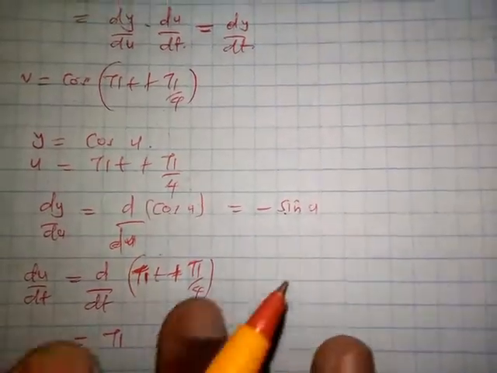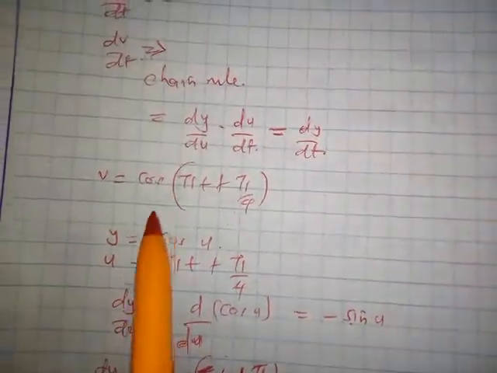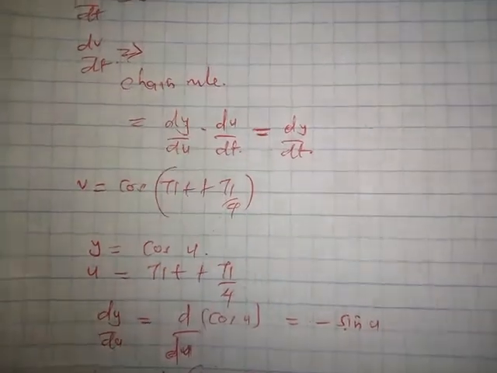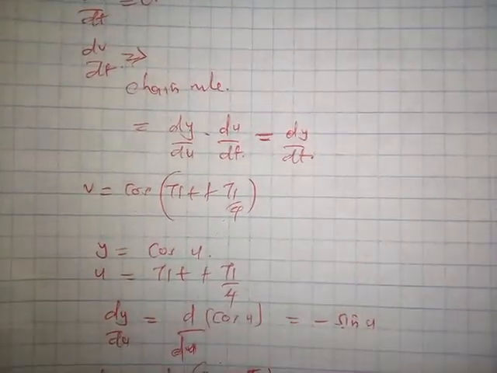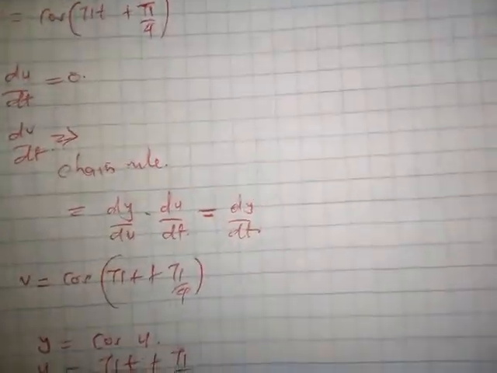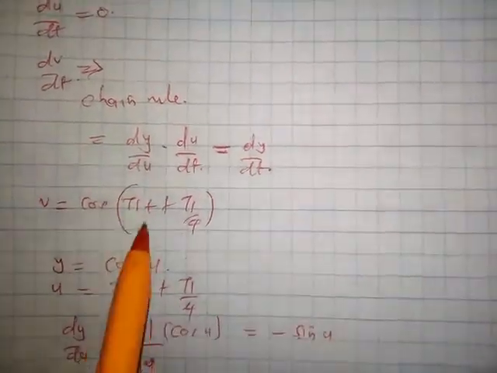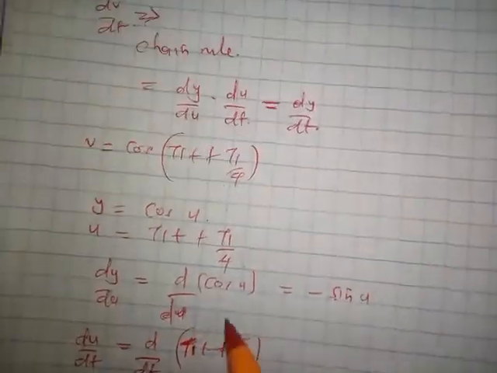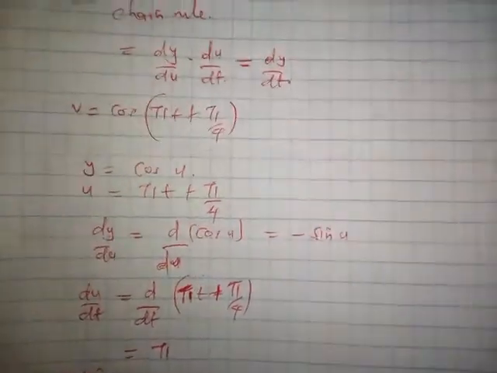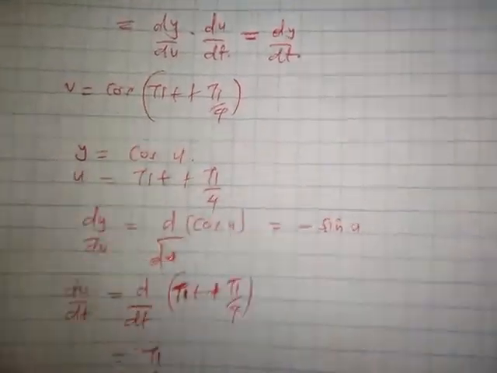Are we together? So applying the chain rule, dy/du is negative sin u times du/dt, which is π.